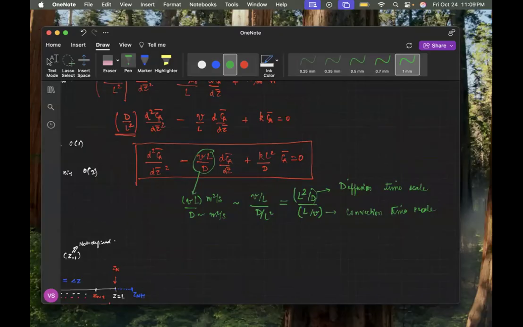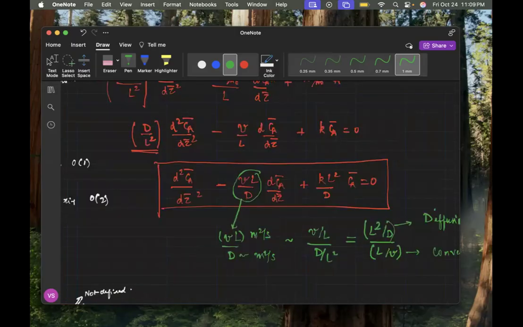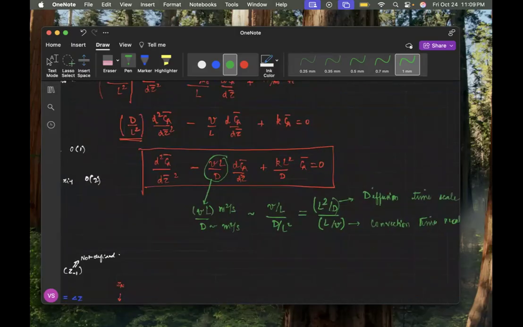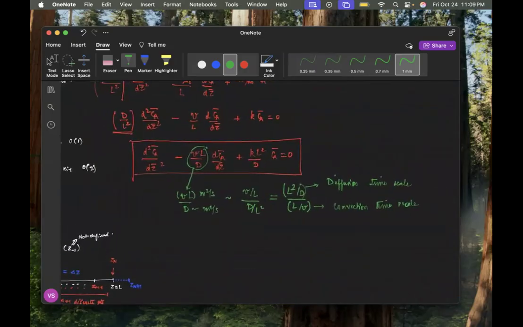So if it is primarily moving because of diffusion, then the diffusion time scale is going to be lower compared to the convection time scale, because it would take less time to move through diffusion, right? And if it is moving by convection primarily, then the convection time scale is going to be lower. Okay.